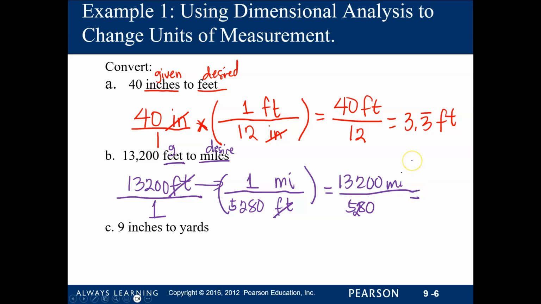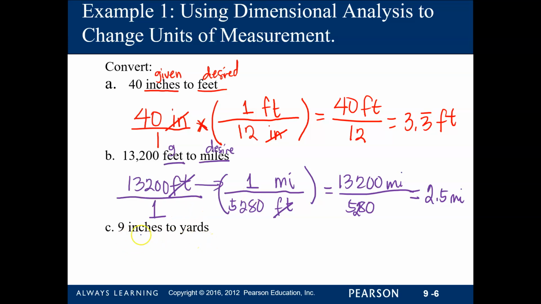And if you do your calculations, this is going to be equivalent to 2.5 miles. So that is how it is done. Miss, do we always divide? No. It depends on the placement of our numbers. It just so happened that what we are looking at here is converting a smaller unit to a bigger unit, and so what happens is we divide.